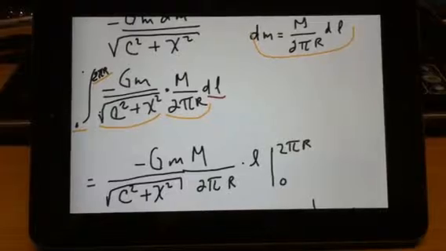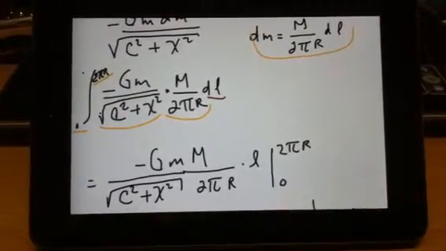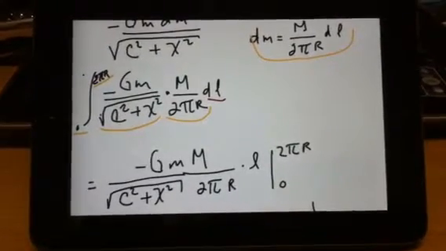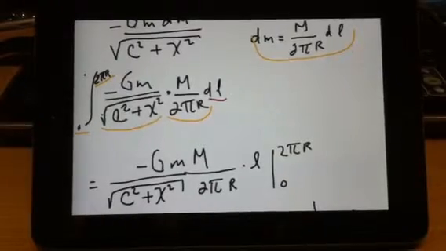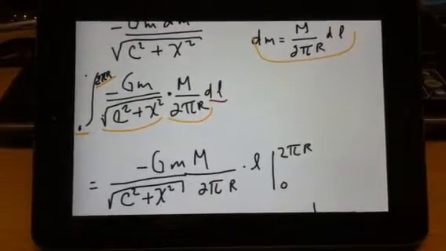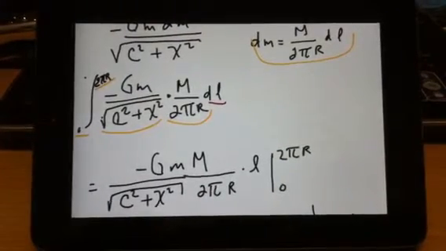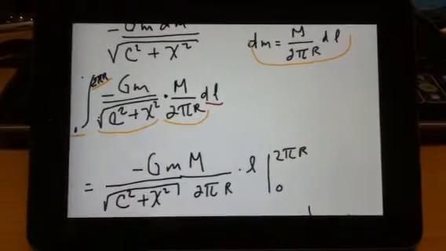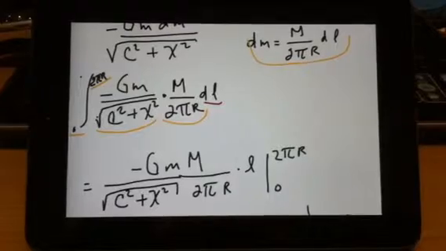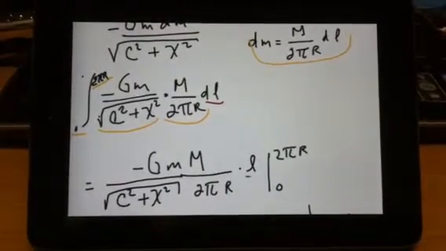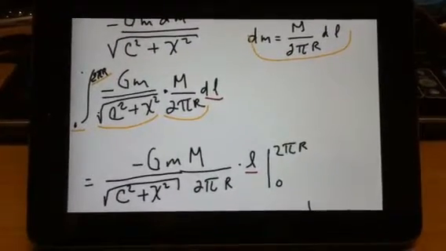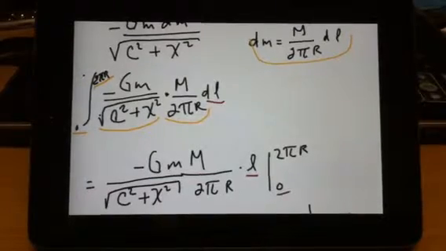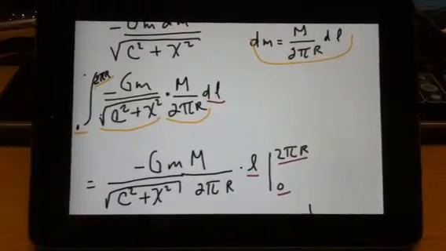After we integrate, we end up with negative G times the mass of the particle times the mass of the ring divided by c, which is the distance from the particle to the circumference of the ring, times 2 pi r times l. And that's evaluated from 0 to 2 pi r.